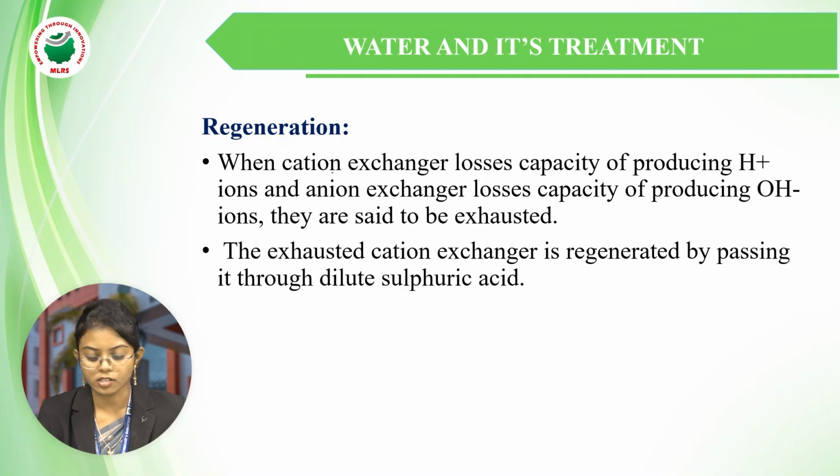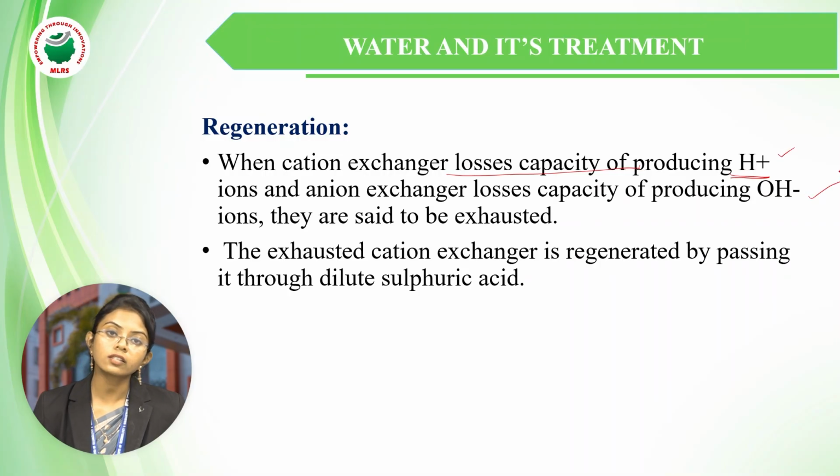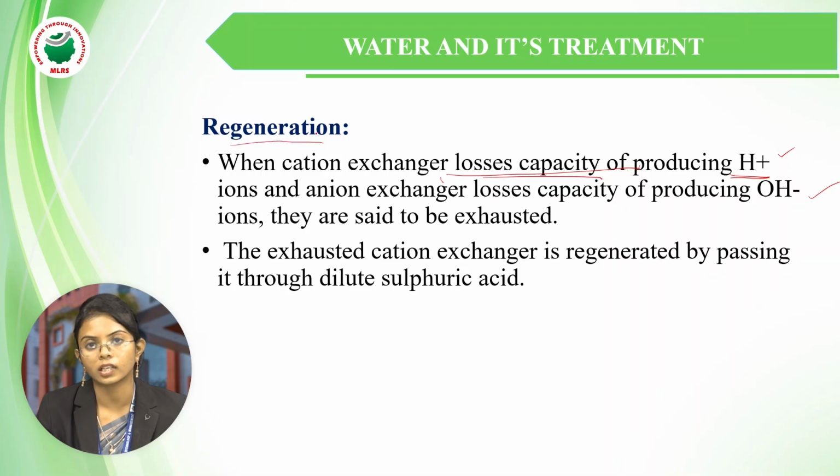When the exchanger loses its capacity of producing H plus ions and OH minus ions, which are needed to be exchanged with the anions and cations present in water, after some time of use, we follow the process of regeneration.